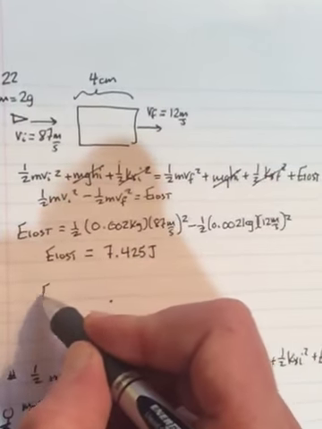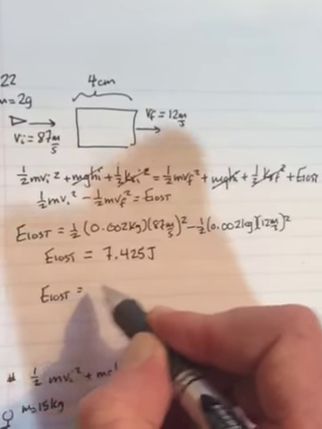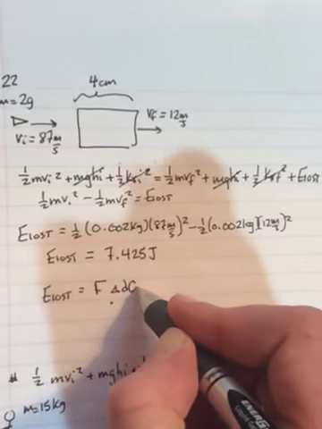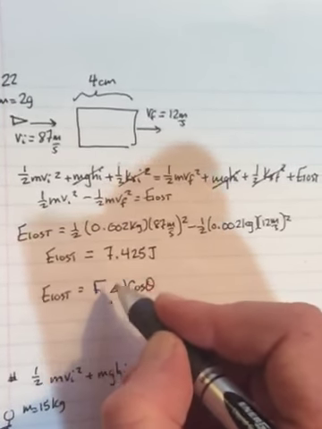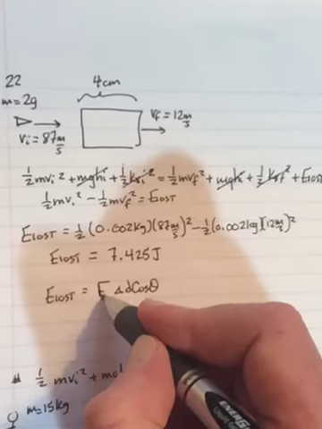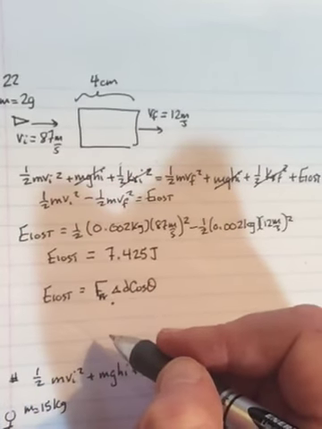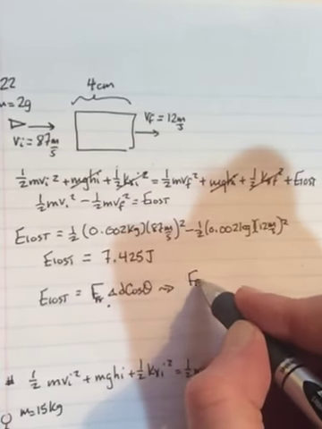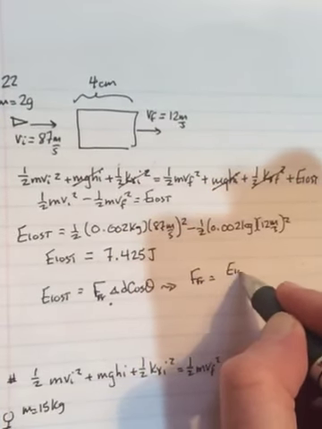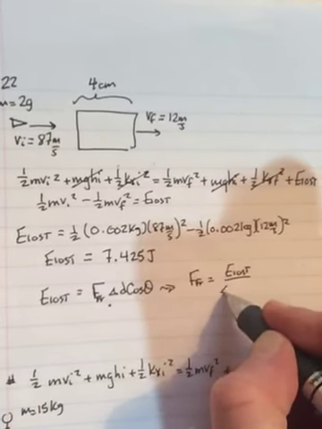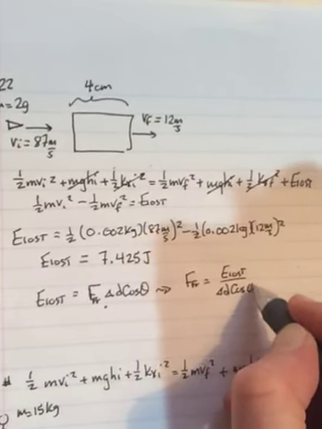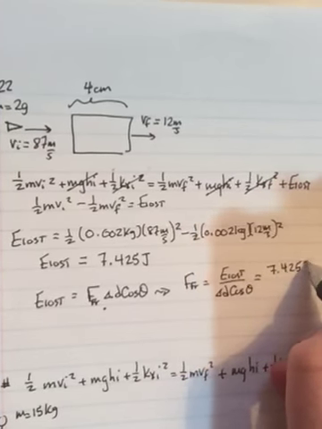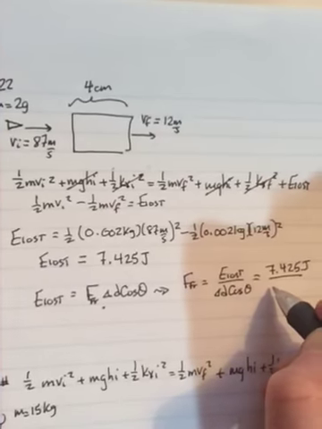Then you need to remember that E lost is equal to the work done by friction, and work done is F delta D cos theta. So in this case, the F is the force of friction, really, that the wood is putting on the bullet as it goes through. So rearranging this for F, it'll be E lost over delta D cos theta. So our 7.425 joules goes on top, and on the bottom is 4 centimeters.